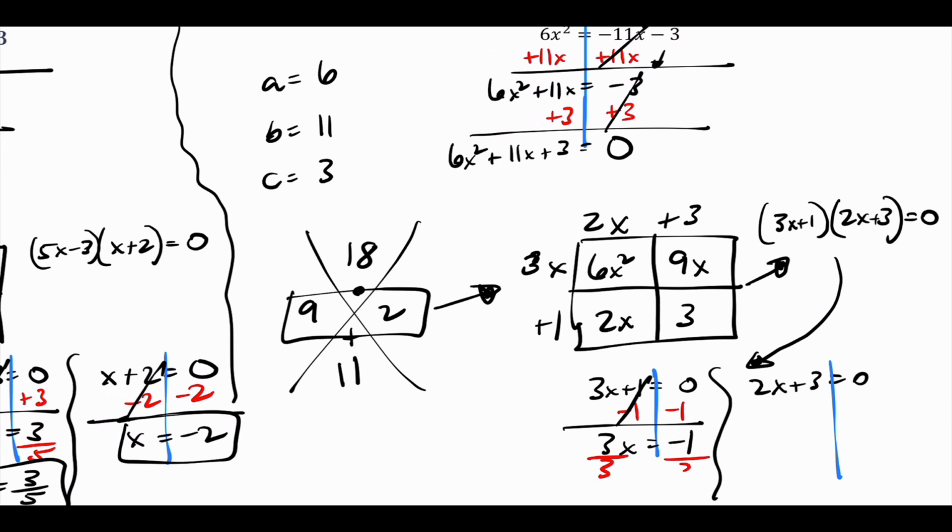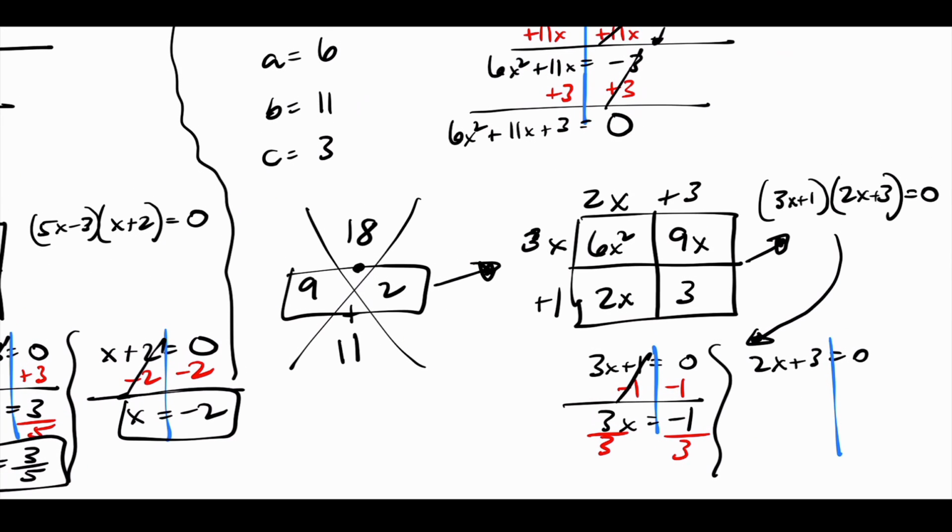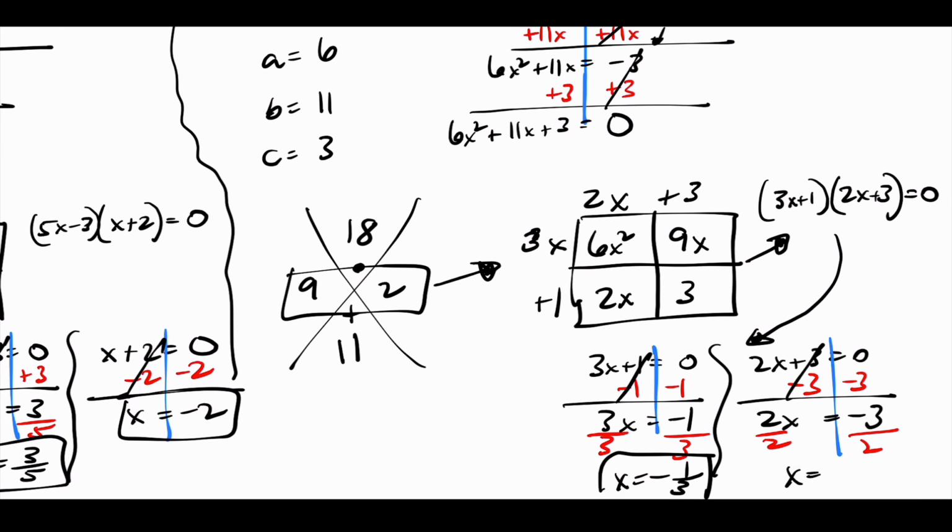Divide by 3. You get x equals negative 1/3. And then over here, I subtract 3 from both sides. Negative 3/2. Okay, 2 answers, 2 boxes, done.